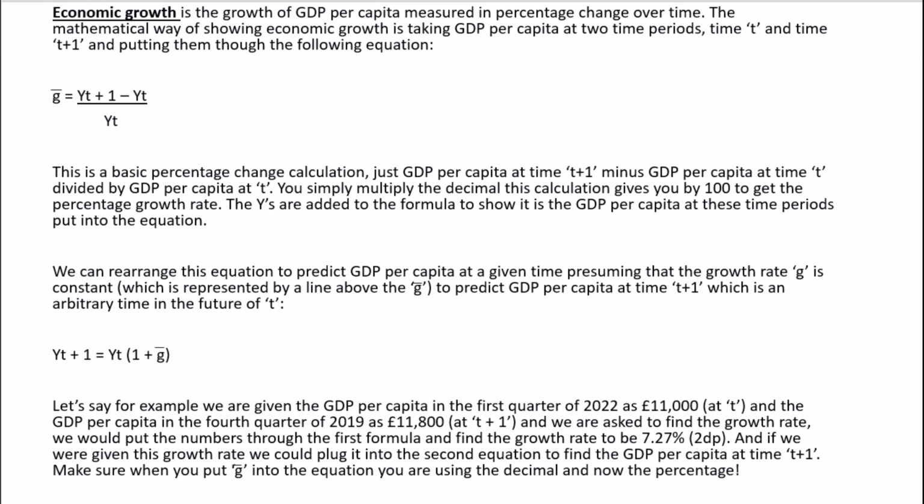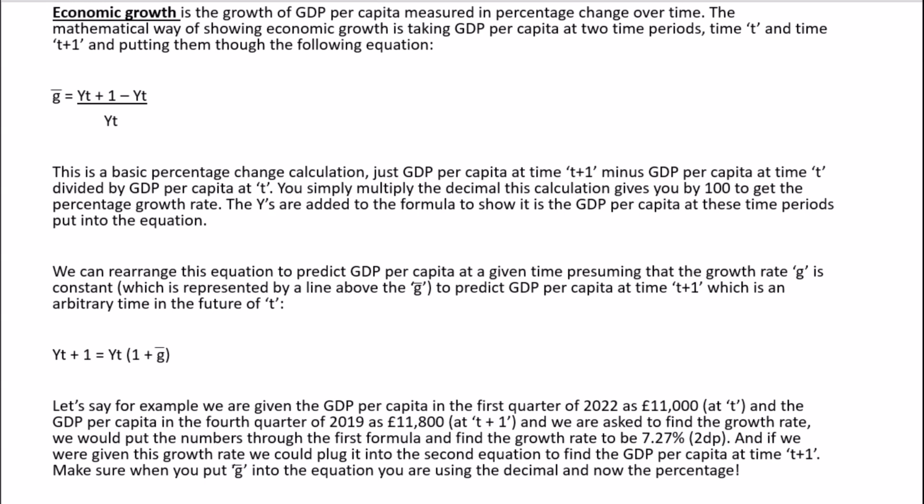So how are we going to calculate that? Well, we take GDP per capita at 2008 and multiply it by 1 plus the constant growth rate. And then that'll give us GDP per capita at 2009.